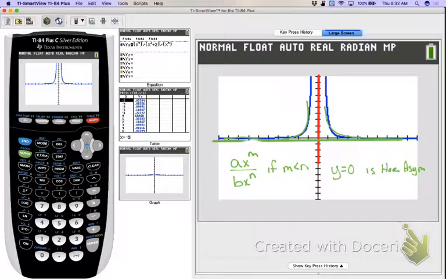So if the power on top is smaller than the power on the bottom, it is automatically going to be a horizontal asymptote at y equal to 0.